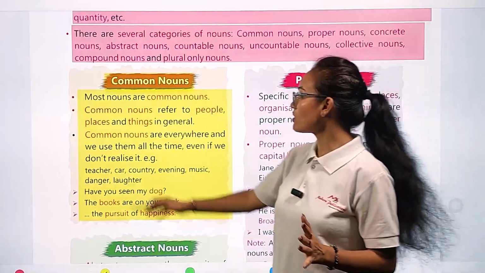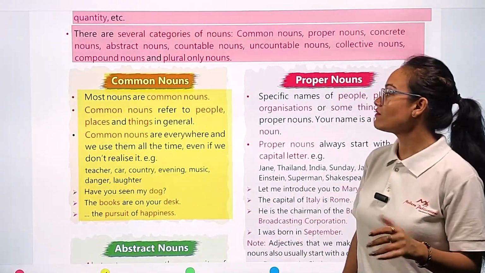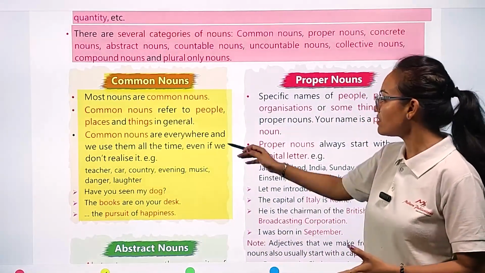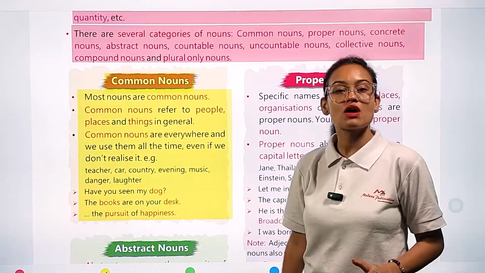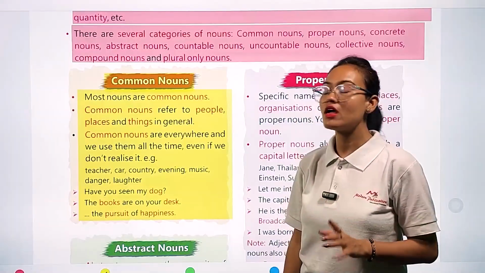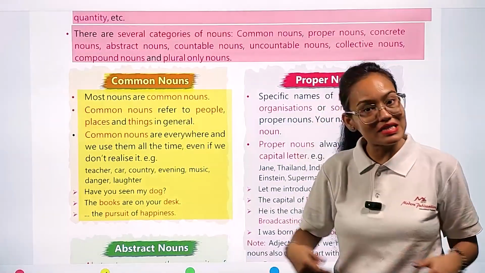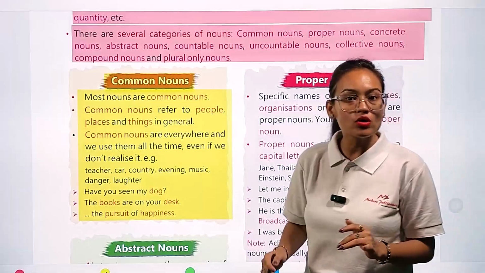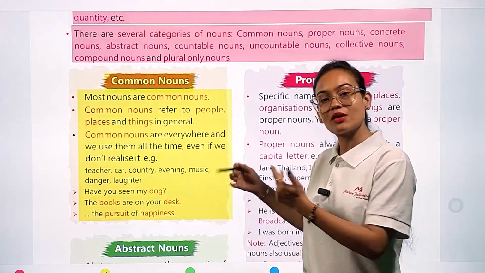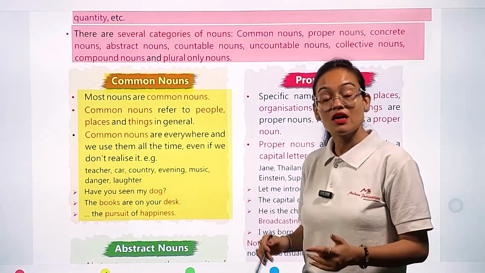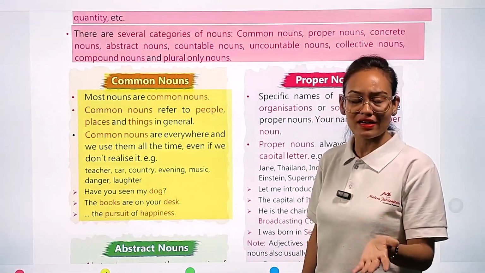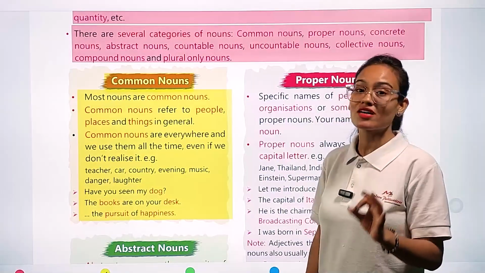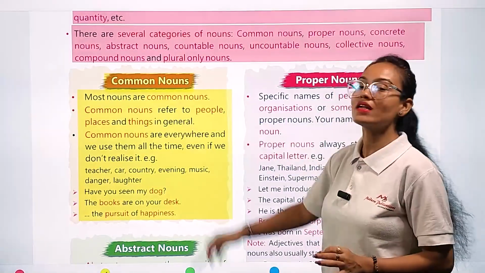Okay, now the second one: common nouns are everywhere and we use them all the time even if we don't recognize it. Why is it said that most nouns are generally common in nature? Because common nouns are present everywhere. Even we don't know at this time what type of noun I'm using. Okay, maybe it is a proper noun, abstract noun, or any other category of noun. But there are higher chances that we are using a common noun.